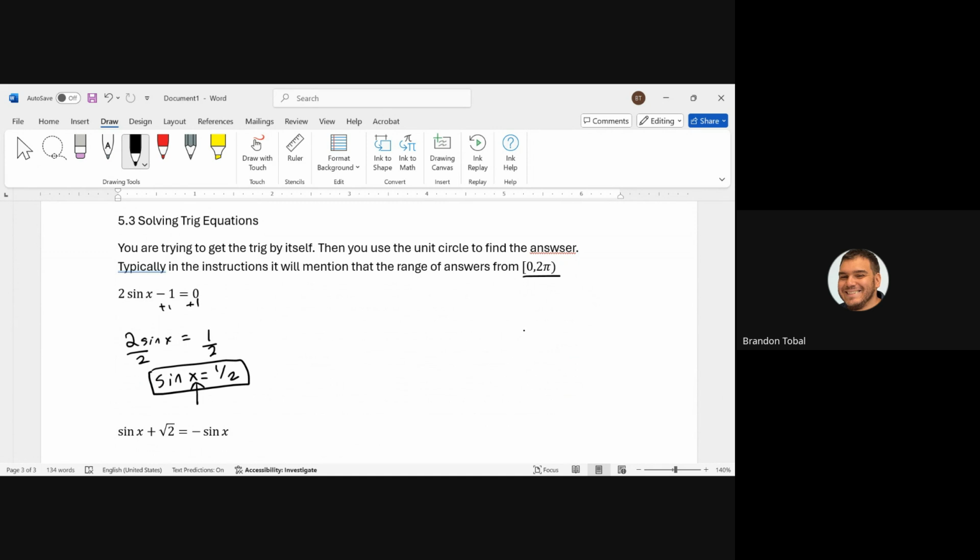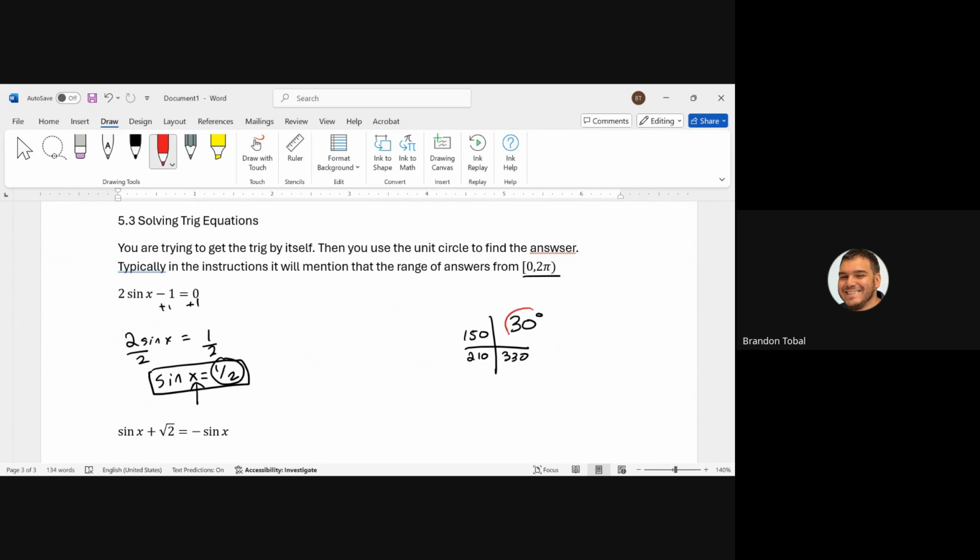If you remember the unit circle, at 30 degrees, sine, the y value, would be a half. Depending on what quadrant you are in, it would be 30, 150, 210, or 330. But remember, I'm looking for positive a half.